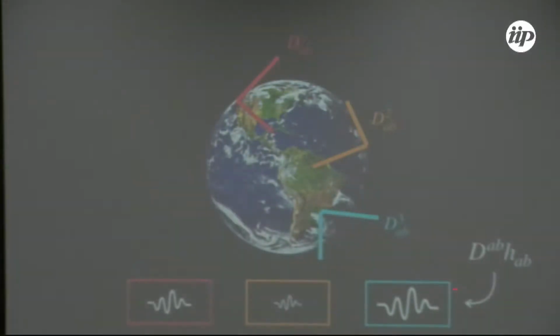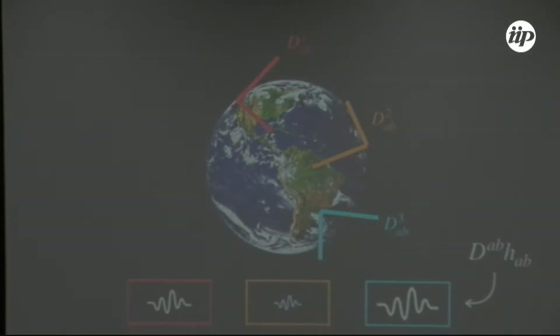So the signal you see, although it comes from the same gravitational wave, will have different amplitude and phase just because you're looking at different components of it. So you get 3 different signals, but they all correspond to the same gravitational wave.